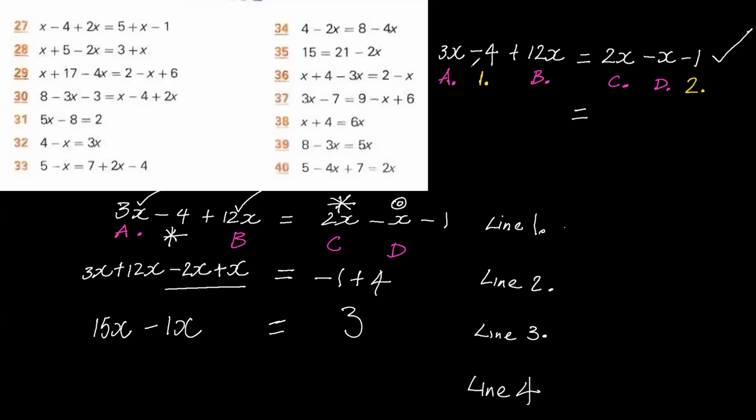Everybody, how would I? Yes, Analia. What do we do? How would you get line 4? So go ahead, Analia. You write it and send it to me. Send it to my WhatsApp.